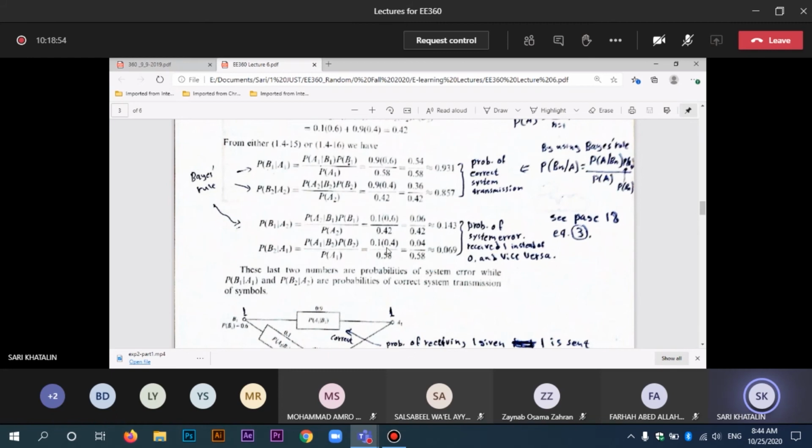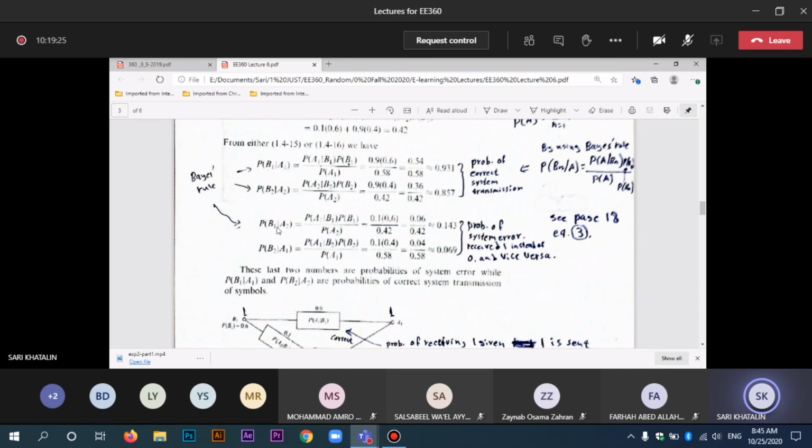Now we want to do the same thing to find the probability of system error, which means that you send 1 and you receive 0, or you send 0 and you receive 1. So we need to find this probability. The probability of B1 given A2 means we received the wrong symbol.